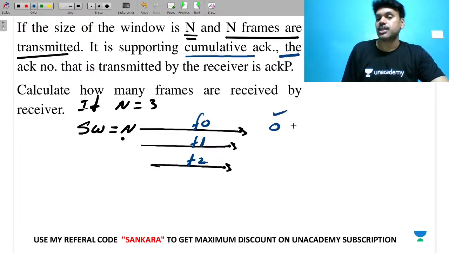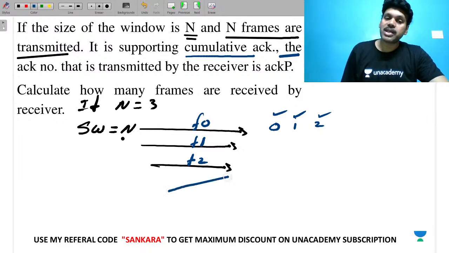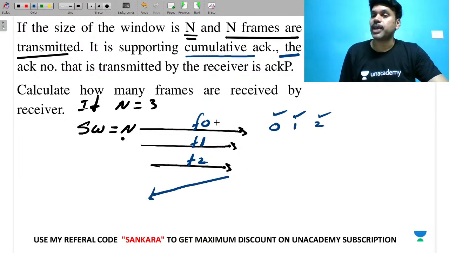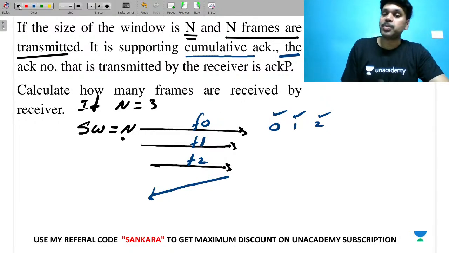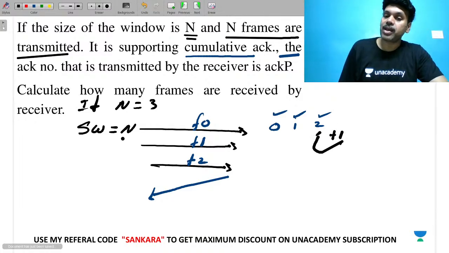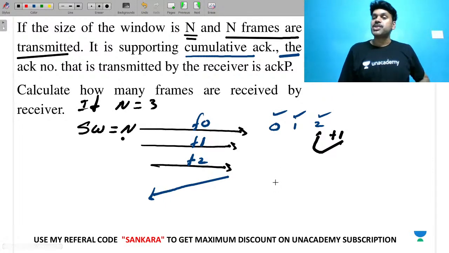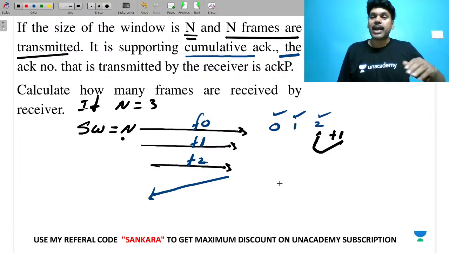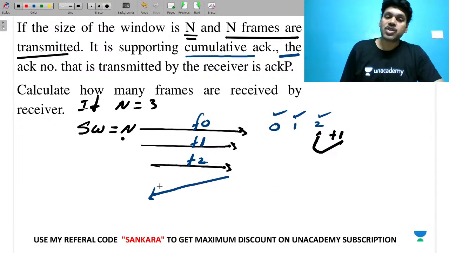So if 0 success, 1 success, 2 success, the receiver will give you acknowledgement in the form of cumulative, because it is supporting cumulative system. Cumulative means plus 1 to your last successful frame. So your last successful frame sequence number is 2 and I am adding plus 1 to that. So I am giving a positive acknowledgement for 3.